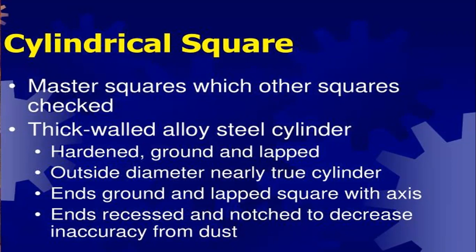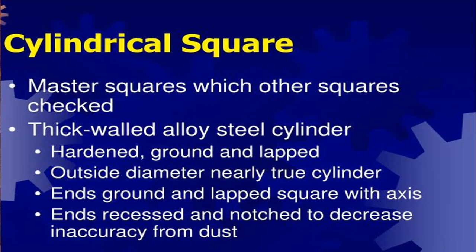And next, it has the outside diameter nearly a true cylinder. So depending upon the true cylinder, it has the outside cylinder, and its ends are ground and lapped square with the axis. It has the ends recessed and notched to decrease inaccuracy from dust.